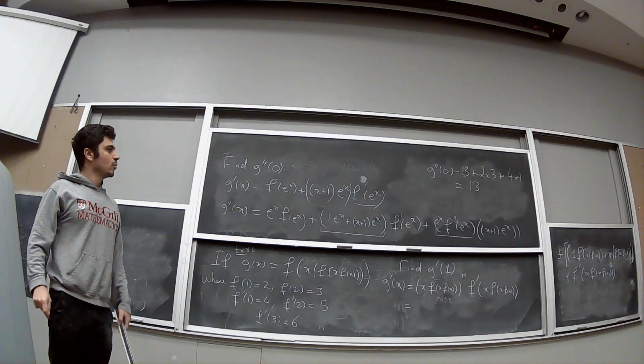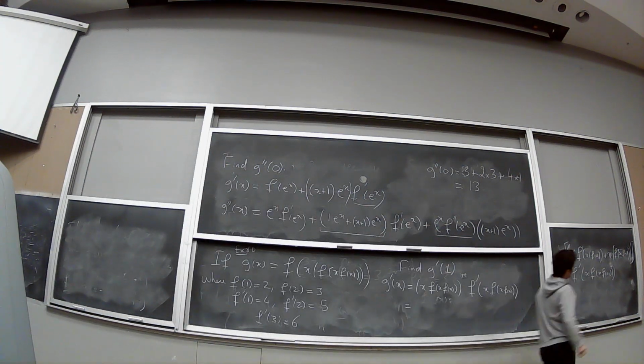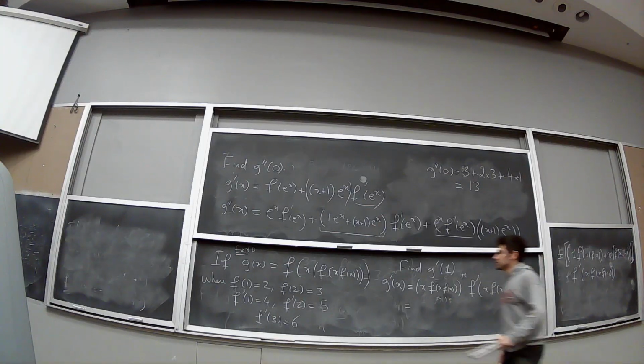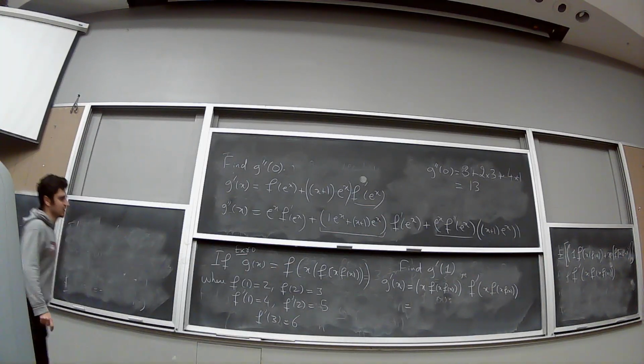What is the term that is annoying me? It's this term. You agree? This term is good, this term is good, times this term and this is good. So I have to differentiate this term. Ideally you wouldn't write it this way, but that's fine.